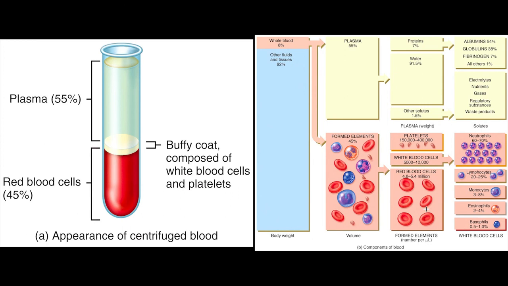A polycythemia can cause significant issues because when you have an elevated hematocrit, a greater number of red blood cells, it means that the blood becomes more viscous, more thick. And thicker blood is harder to move, it's harder to pump, and it can cause significant vascular issues such as strokes, heart attacks, and things of that nature. So keep in mind what a hematocrit is. Like I said, it's the percentage of red blood cells as a function of the entire blood volume.